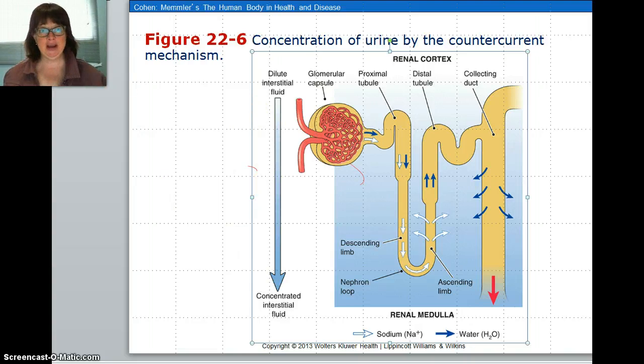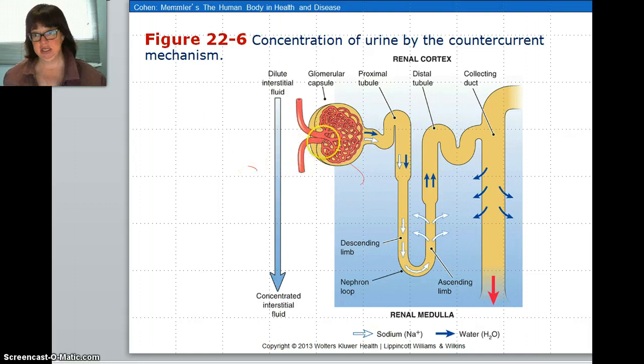Okay, what I'm talking about, the juxtaglomerular apparatus will be triggered. The juxtaglomerular apparatus is right in here next to the, there we go. Why is the pen not working now? There we go, right in here.